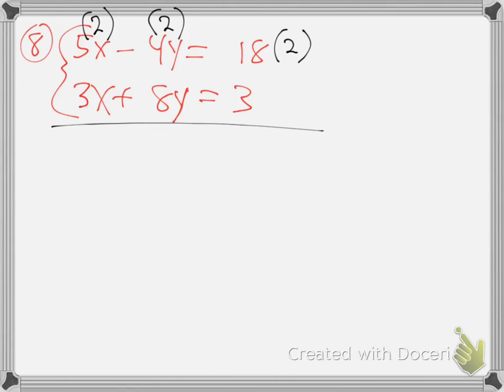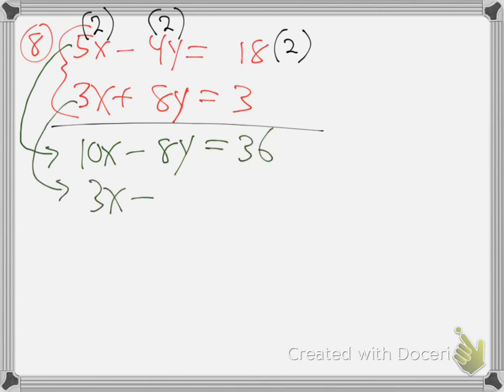Let's see it. So we add these up. I'm going to bring these down now. This will be 10x minus 8y is 36, and bring this one down: 3x plus 8y is 3. And then add them up. 10x and 3x is 13x.